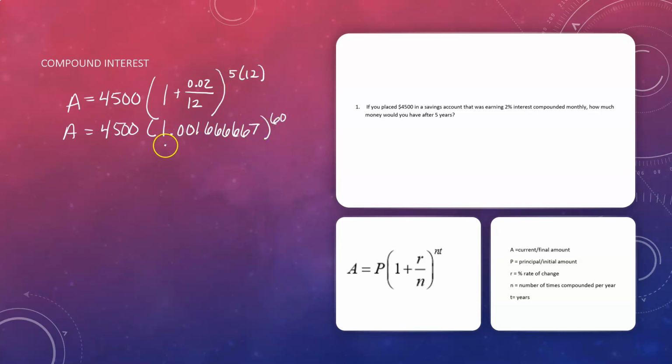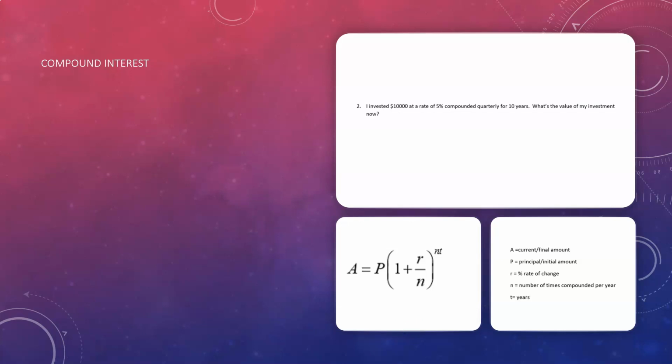And I don't think you want to do that on paper, so you're going to need a calculator. When you multiply those two together, you get about $4,972.86 after 5 years.